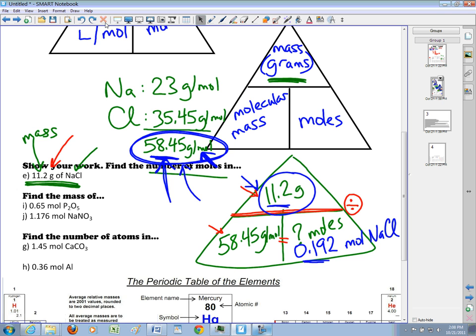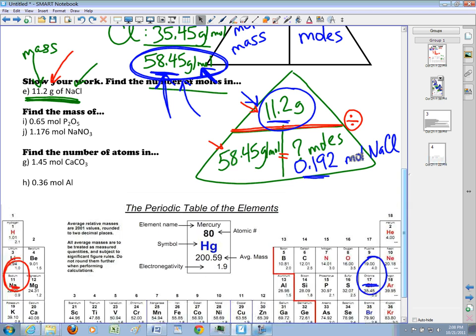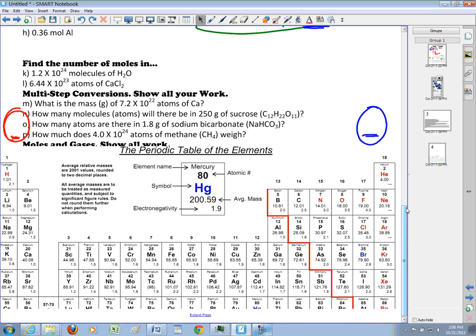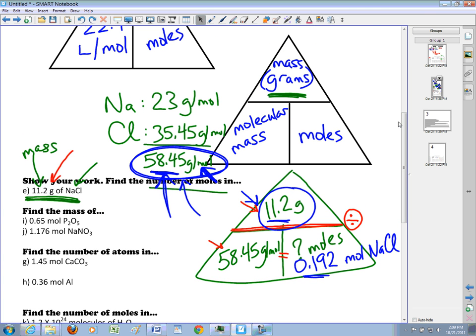Okay. Let's try another one here. What if we were given the opposite scenario here. So I'm just going to create myself a little bit more room. I'm going to move some of this stuff out of the way here. I might have to get creative with board here and create some room here in a moment.